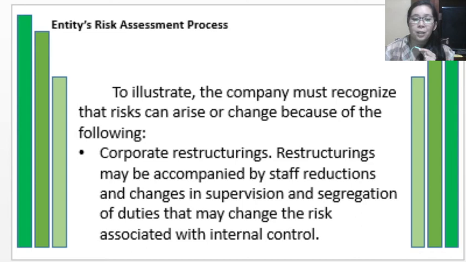They could also change the management, terminate some of their staff, to minimize the cost and expenses, again to reduce the deficit. So in this case, since there are changes, risk is also associated with it.